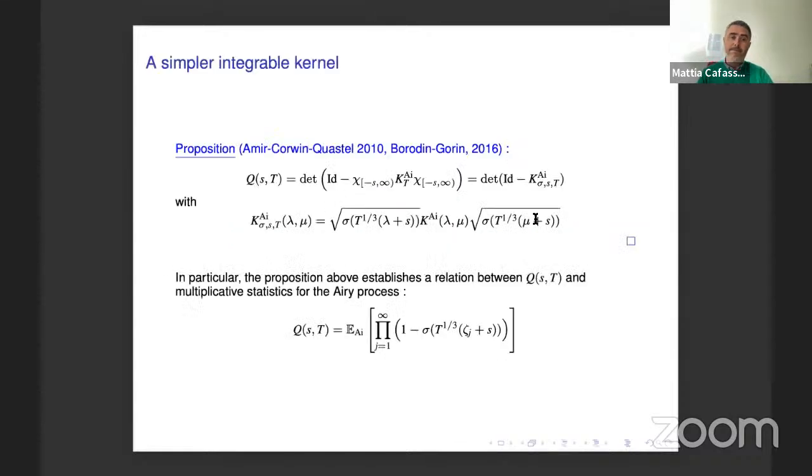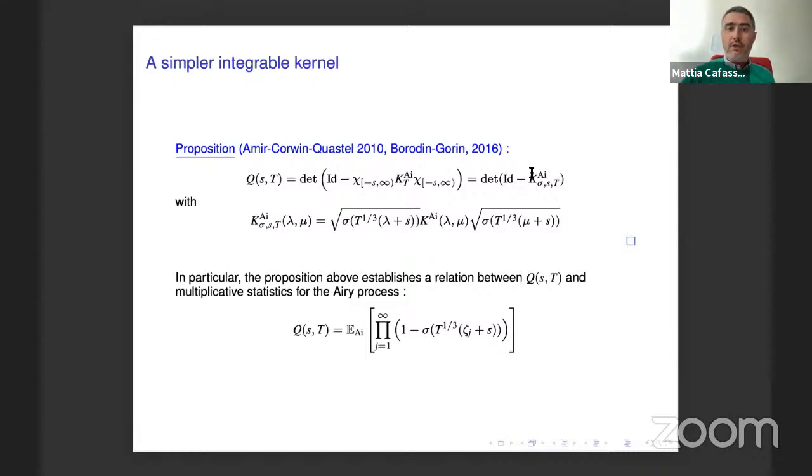It is based on a very interesting result, already present in the paper of Amir, Corwin, and Quastel in 2010, but made more explicit in a paper of 2016, which says that this Q(s,t), which was defined as the determinant of a certain complicated kernel restricted to the interval minus s to infinity, can actually be computed as another Fredholm determinant with a kernel which is simpler.